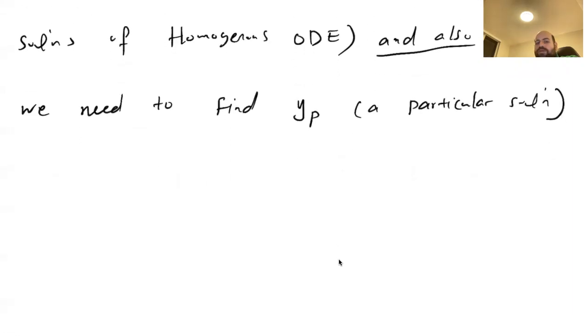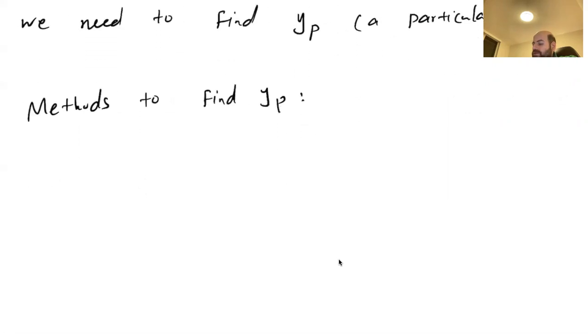So there are a few methods to find yp, a particular solution. The first method we want to explain is a method called undetermined coefficients.